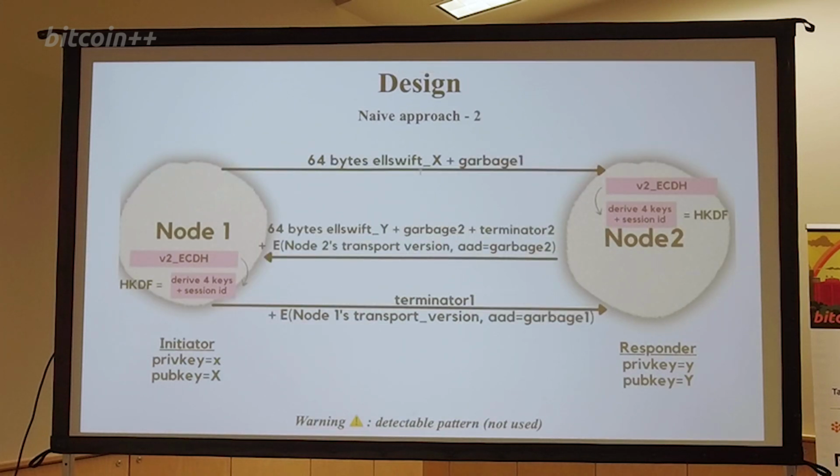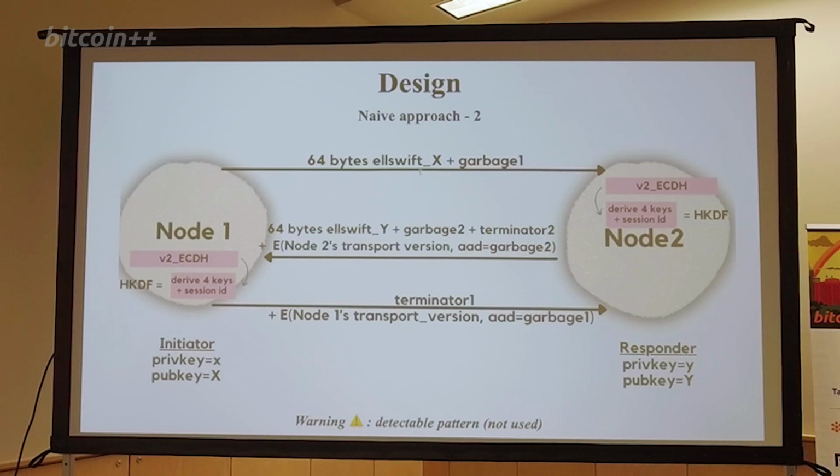So we also send pseudo-random garbage bytes. That's the next approach. Node 1 sends 64 bytes, and it also sends a lot of pseudo-random garbage to node 2. And node 2 will also respond back with its alligator swift and a lot of garbage. Then we also need to know when this garbage terminates, right? So for that, there's a garbage terminator. That terminator can also be derived from the ECDH shared secret, which only node 1 and node 2 know.